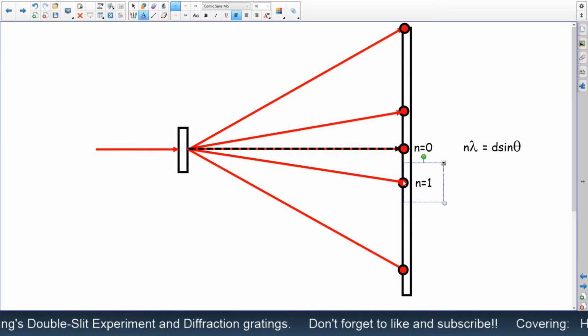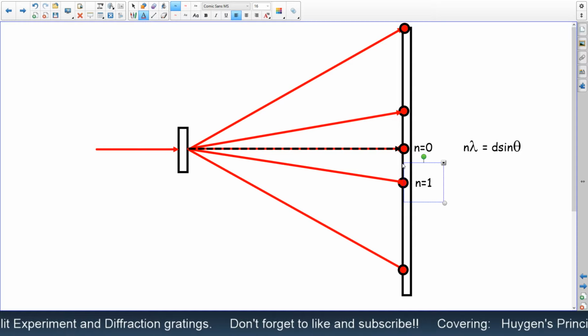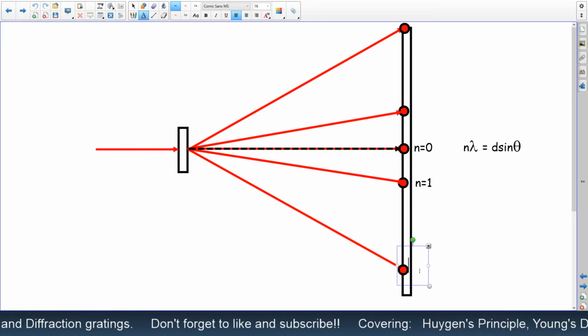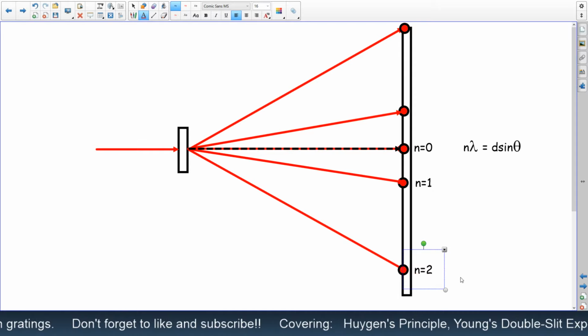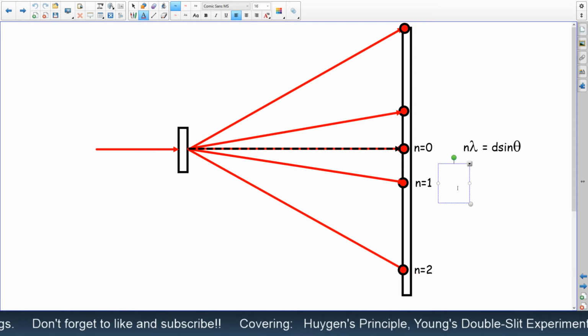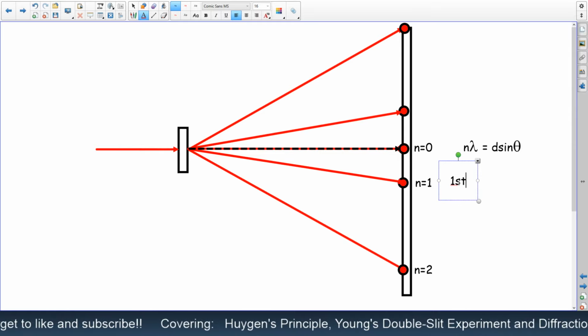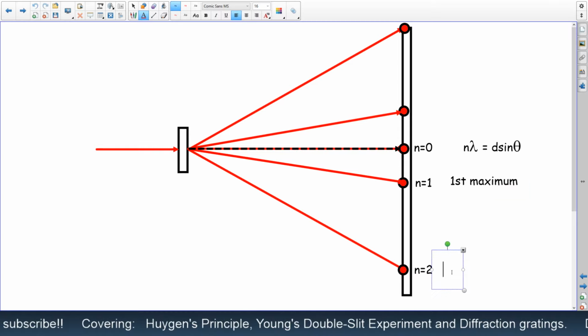The closest maximum has to be n equals 1, and then the next one out would be n equals 2. Okay? Hopefully that makes sense. And this is the first maximum, and this is the second maximum.